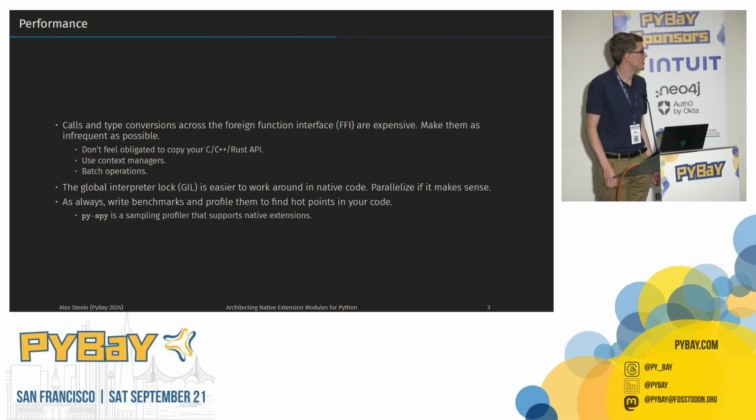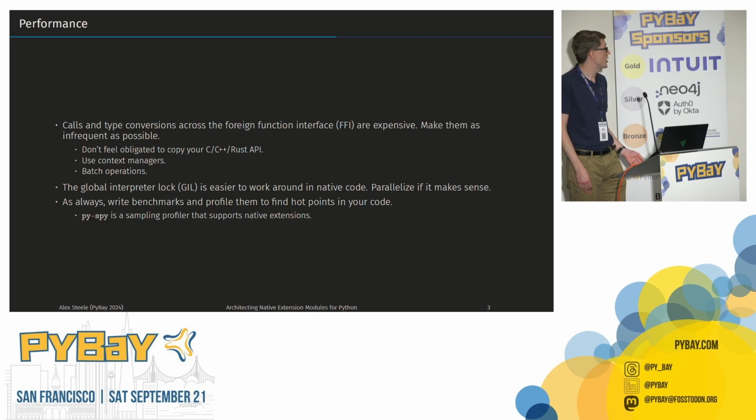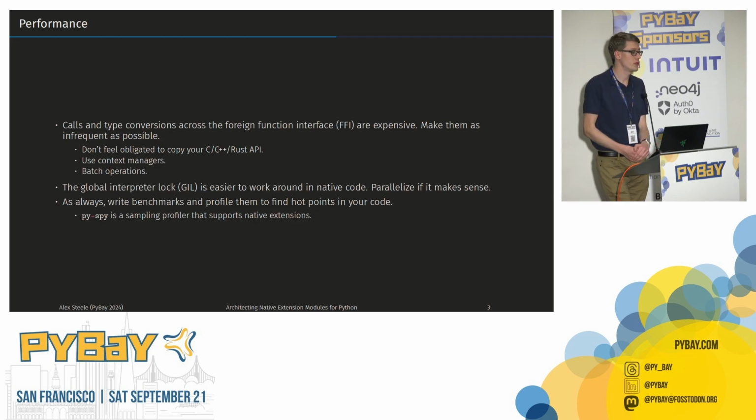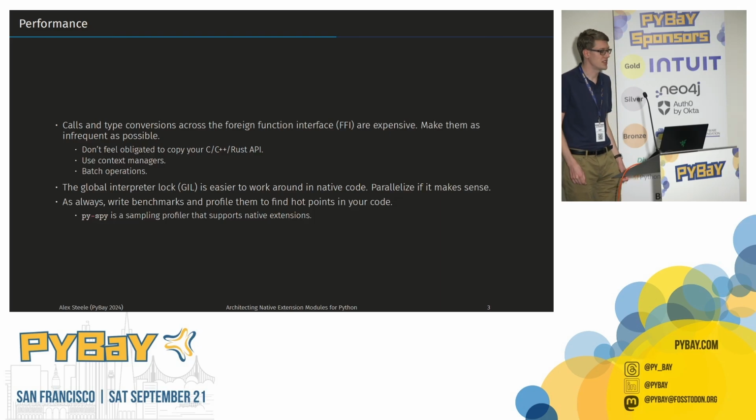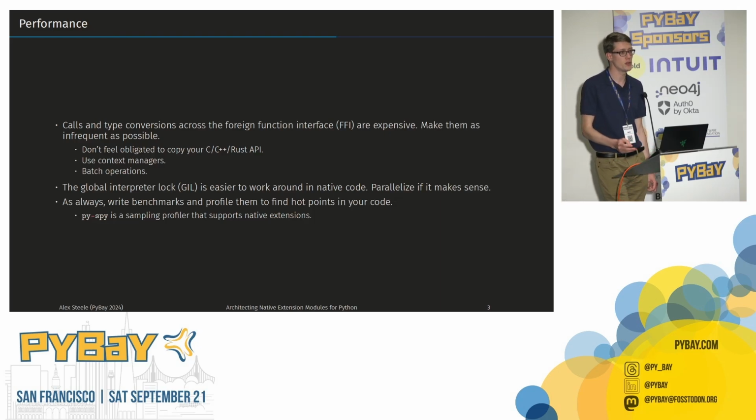If you're using Rust, it can be as simple as changing one line. And as always, write benchmarks and profile them to find any hot points in your code. PySpy is a really good sampling profiler that I've used that supports native extensions, so you can see all the way up from your Python main function down to system calls that your native extension is using.